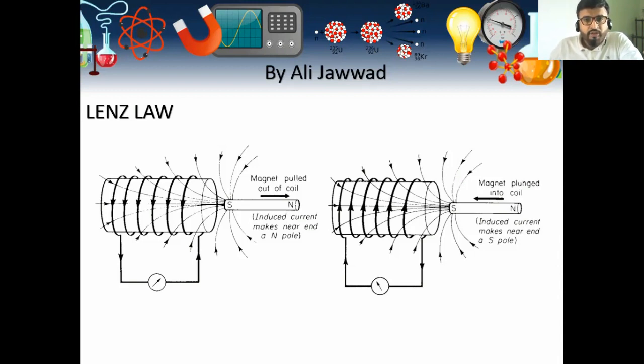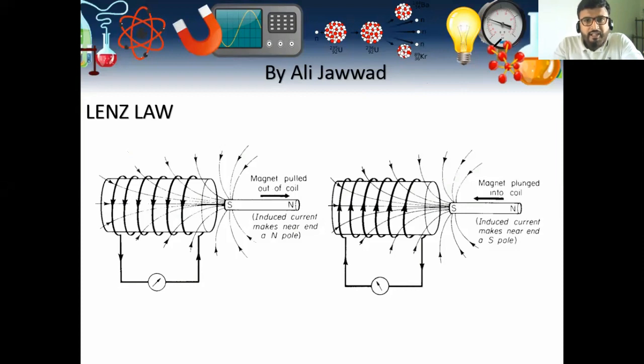We also do not accept sudden changes in our daily life. For example, a sudden change of weather causes our health to get disturbed. So the coil also shows opposite behavior, because it does not accept the sudden change in magnetic field, and it tries to oppose it with current flowing in the opposite direction.